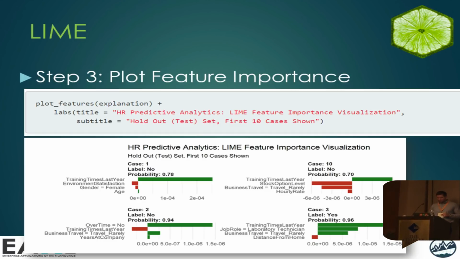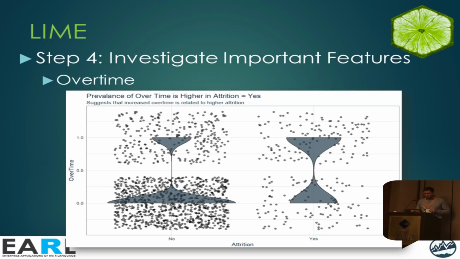And so things like overtime equals no was very important to this being classified as no at this particular case. So really, if you look at a bunch of these cases, you can kind of pick out which trends seem to be more frequently having higher influence on that model. So then what you can do is do some further investigation, and we did it for this particular data set. We saw that overtime was one of the most consistent features that had some influence.